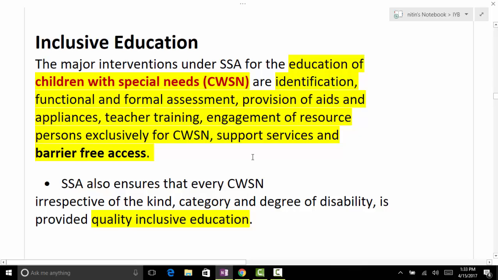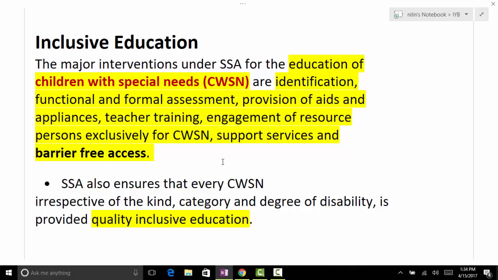Now, inclusive education. So, inclusive education, what does it bring? It says special focus on children with special needs. What to do for this category of students?